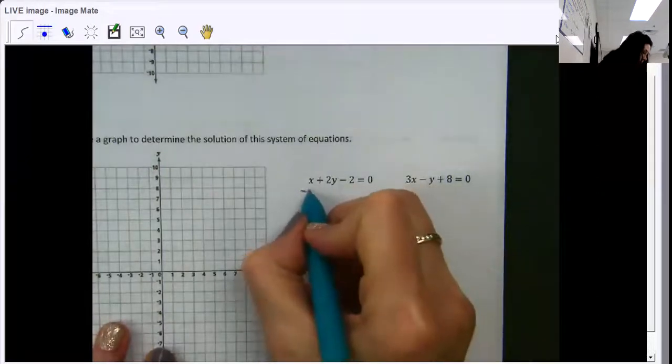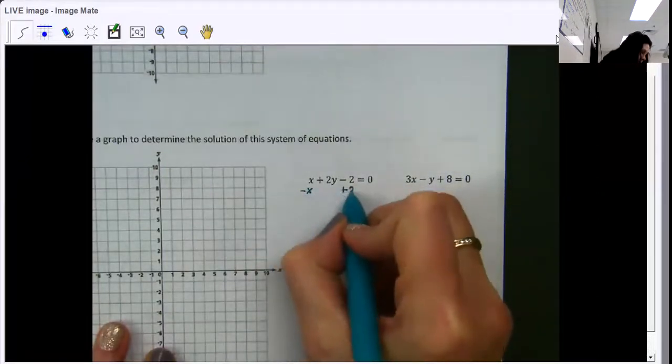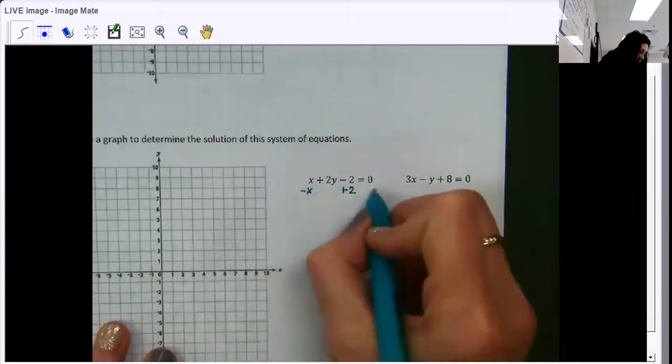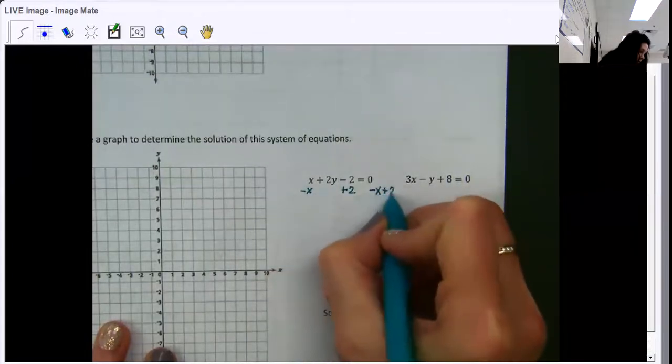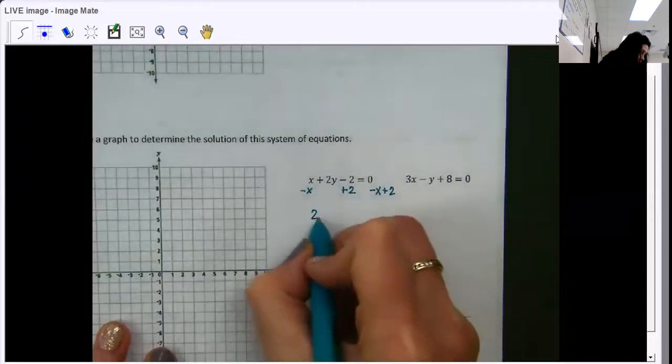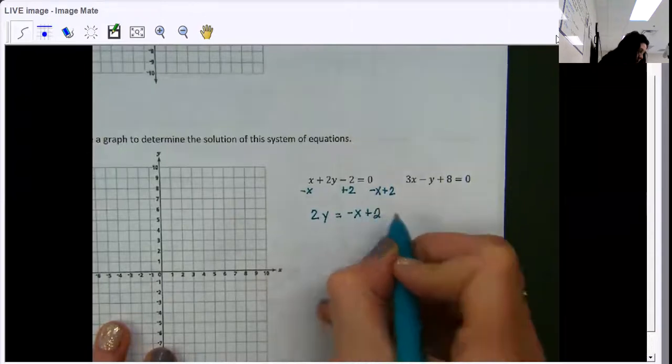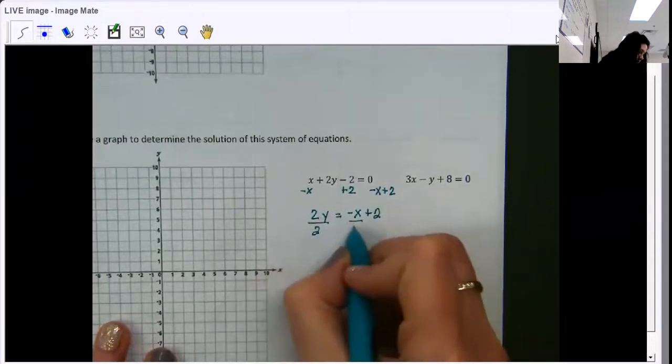So I'm going to move my x and my 2 over by subtracting x and adding 2. And when I do that, I get -x plus 2 on this side. So I end up with 2y equals -x plus 2. And then I divide everything by 2.